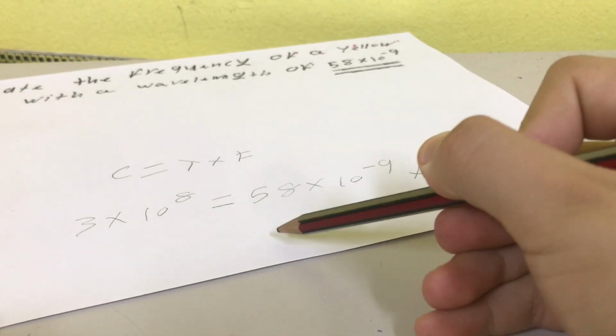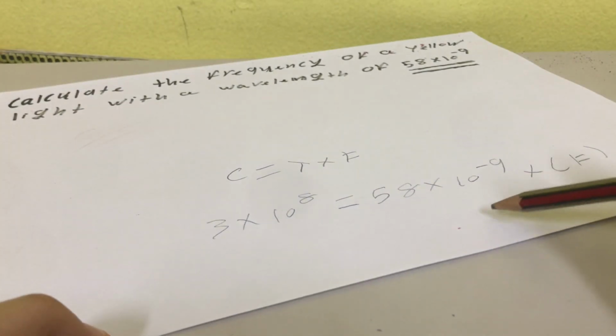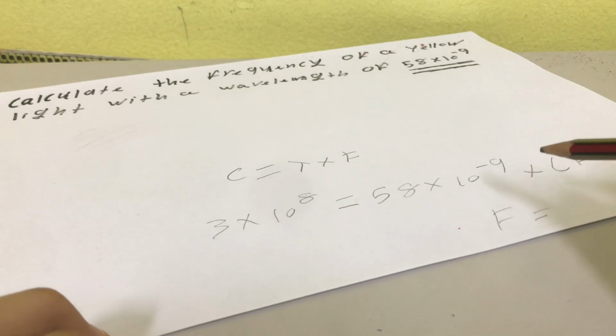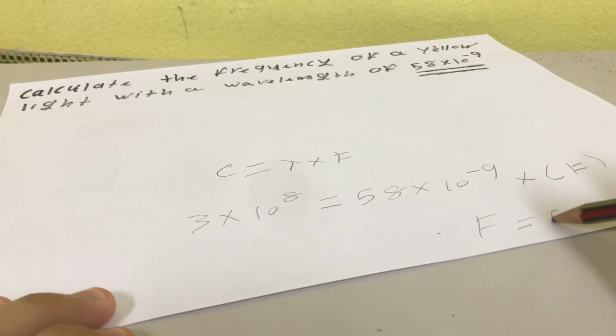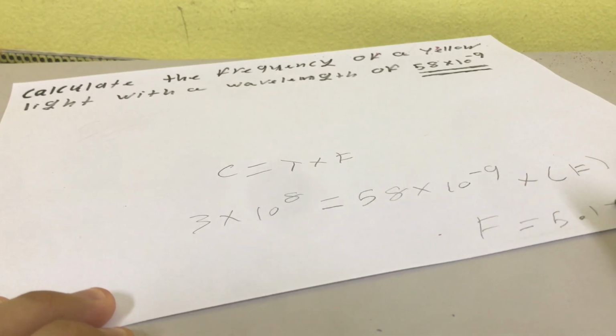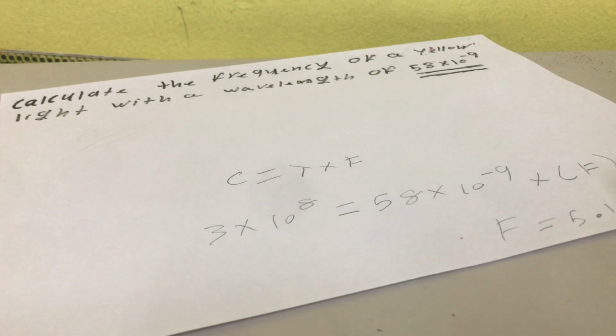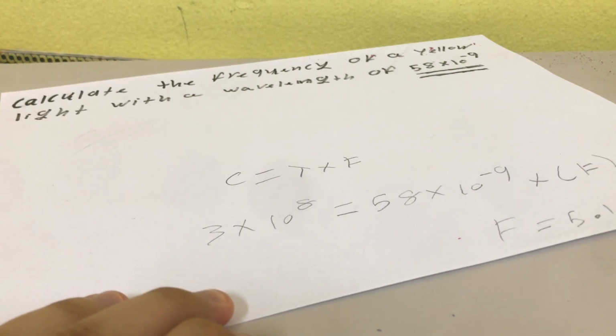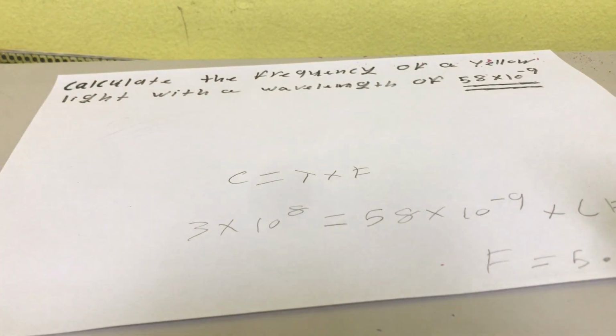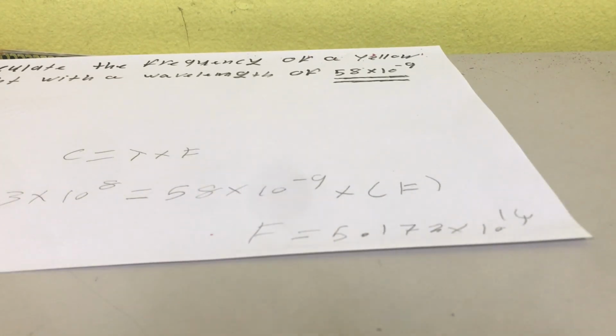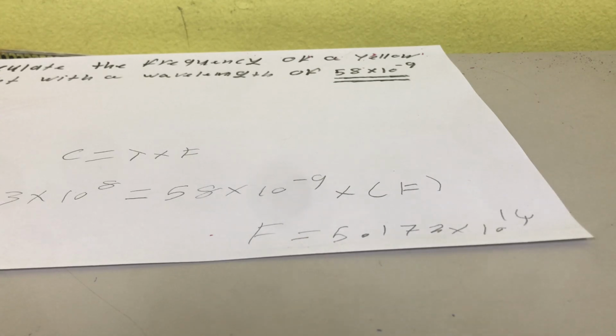So finally we get F equals 5.172 times 10 raised to 14. Now the calculator will give you a long decimal, but when you are calculating big powers, you choose three numbers after the point.